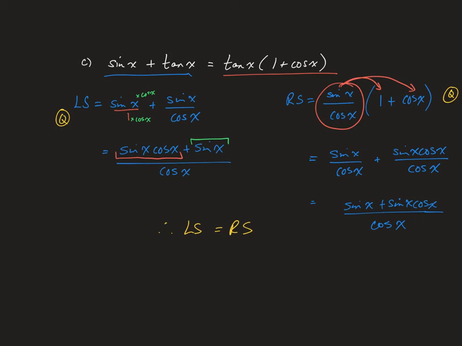A second way to go through and prove it. So don't ever feel like there's one way you have to do it. There isn't. Manipulate one side. If you run into a snag, jump over to the other side and keep working your way through.